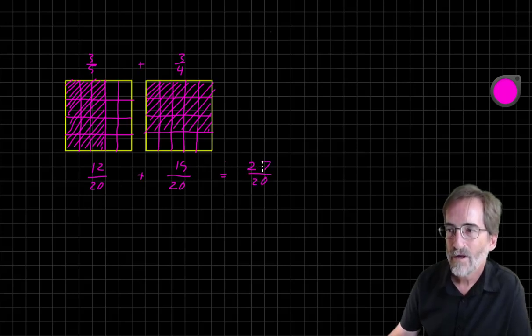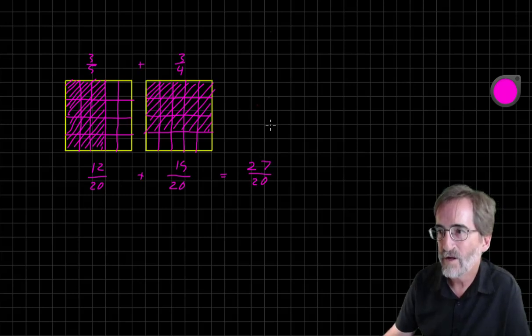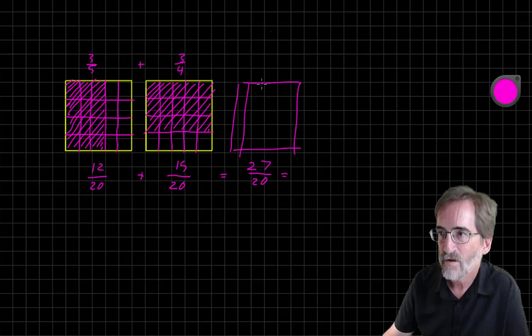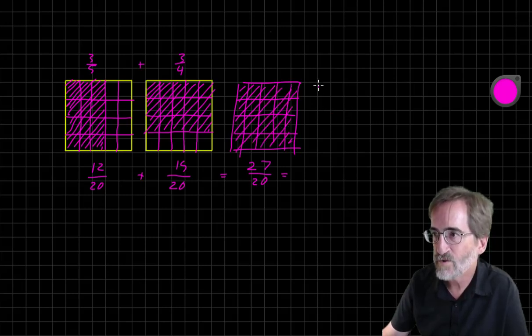Okay? Now, you may recognize that's more than one whole, right? So we can represent that as 20 20ths. Right? All 20 of them shaded. Plus 7 more 20ths.